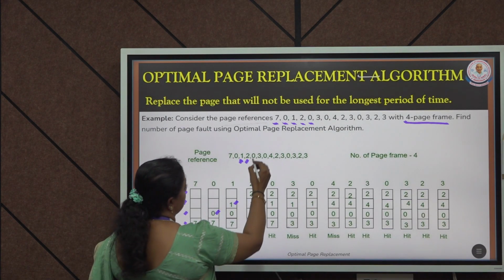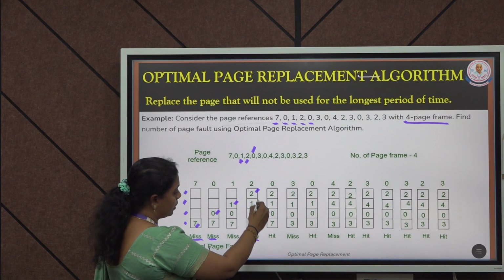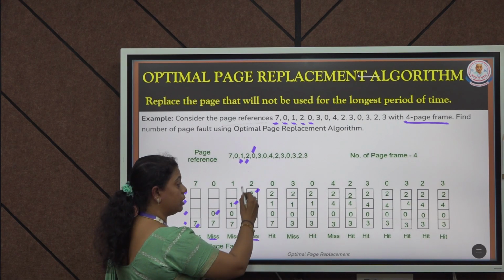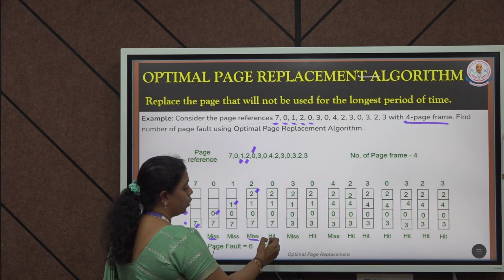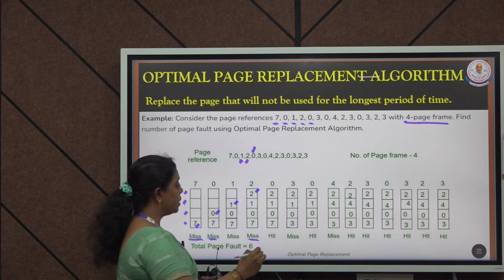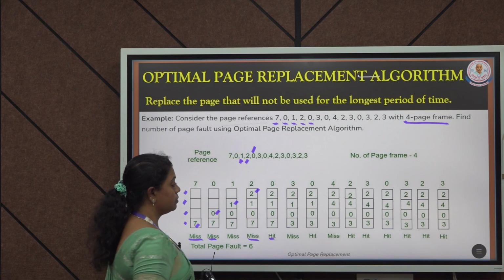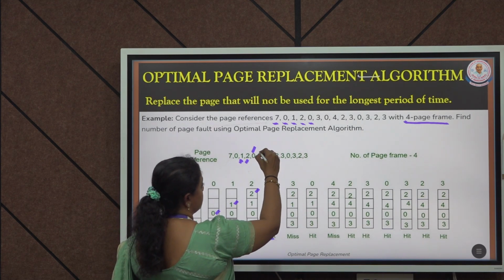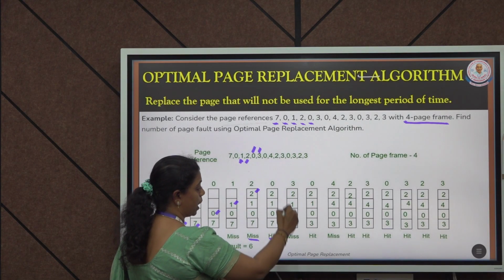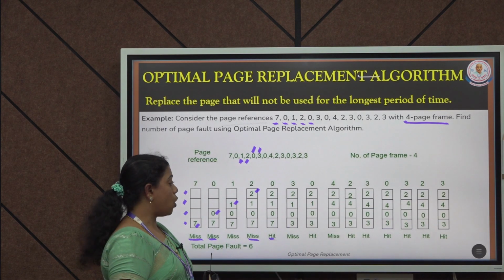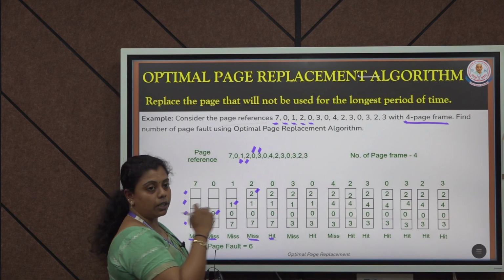The next number is 0. Check whether 0 is already present in the frame or not. 0 is already present in the frame, so no need to replace any page. Here I can consider it a page hit. Next number is 3. Check whether 3 is already present in the frame or not. 3 is not present in the frame, so I am going to replace one frame for the 3.